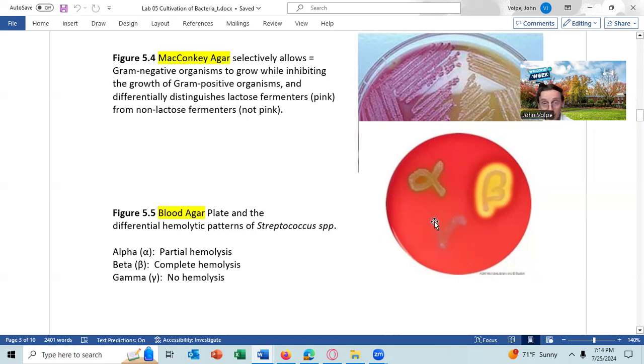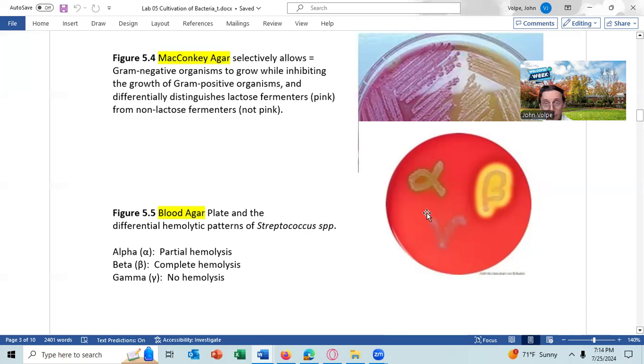You can have gamma hemolysis, shown here, and that's actually a Greek gamma, and the red blood cells are red all the way up to the off-white bacteria, meaning there's no hemolysis, and that is called gamma hemolysis.